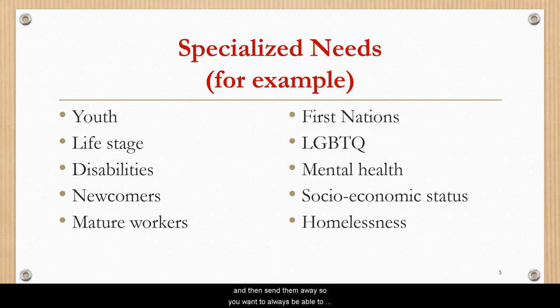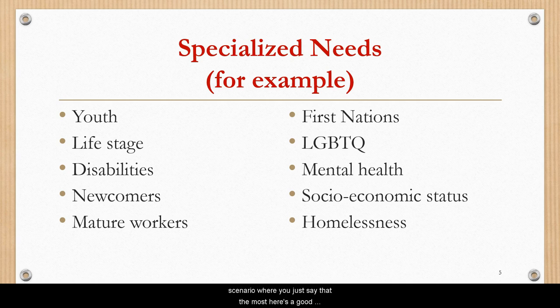So you want to always be able to, unless it's mandated through your organization that you can't work with the client, be prepared in that moment to use your common assessment process or some process for deciding where they are at in the career life planning model. And as we talked about in the three golden rules several weeks ago, you would never send a client away with no information and no way to get additional help.